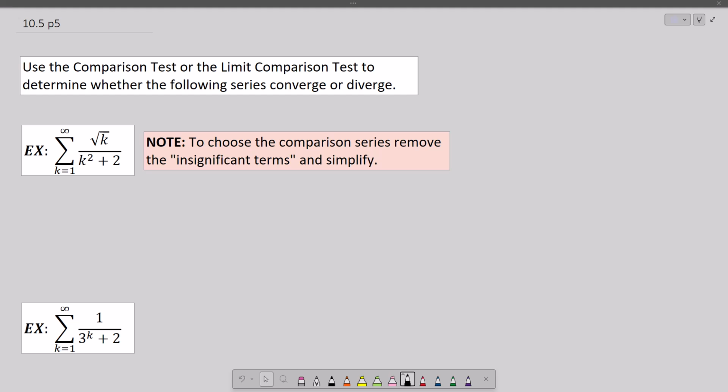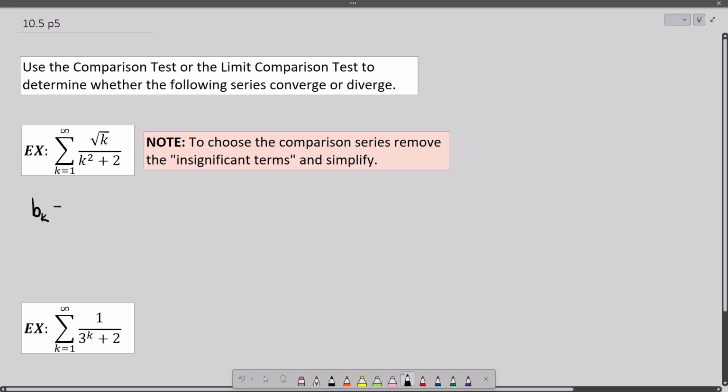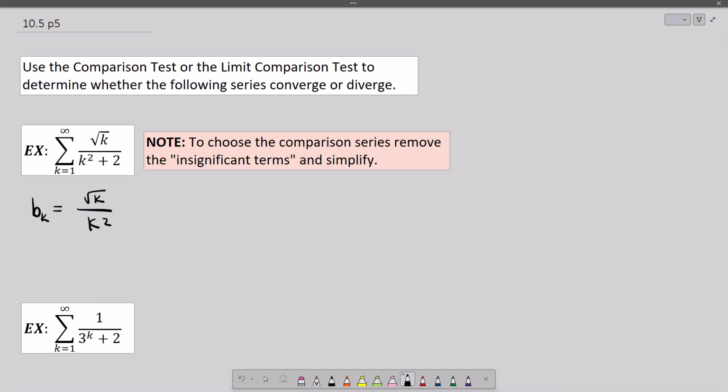So the b sub k that we're going to choose, we get rid of the 2. Bye-bye, 2. Then we move everything into the denominator so that we have it in the form of a p series. That 1/2 as the exponent of k in the numerator, when it moves down, becomes a negative 1/2. So we're going to have 2 minus 1/2, which is 3 halves.